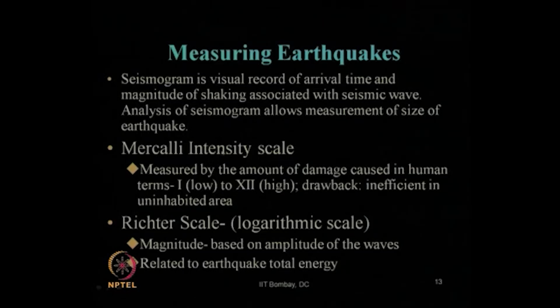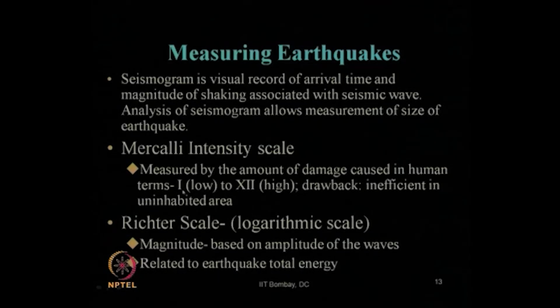Now, coming to the very commonly worldwide used scale for the size of an earthquake, the intensity based scale is known as the Mercalli intensity scale. So, the Mercalli intensity scale is measured by the amount of damage which is caused in human terms. Human terms means taking the interview of the person who faced it, like they have to express, okay, it was big damage, large damage, small damage, moderate damage, like that, and looking at the structures.